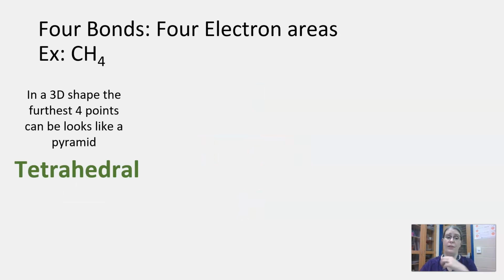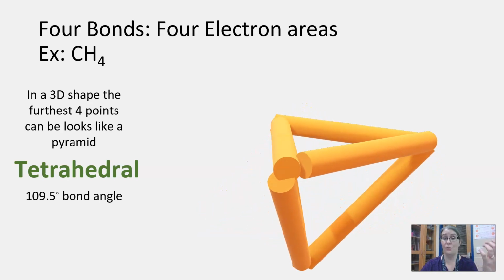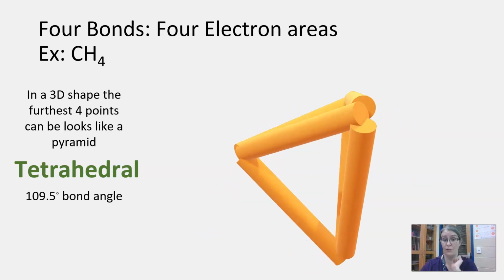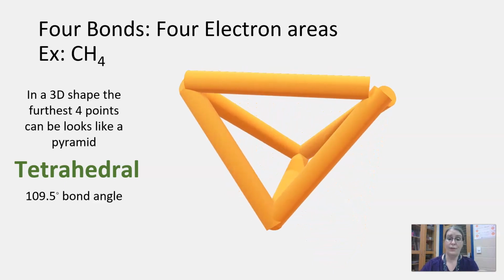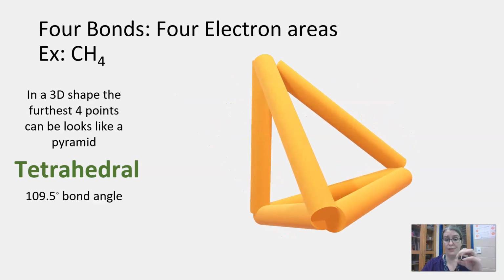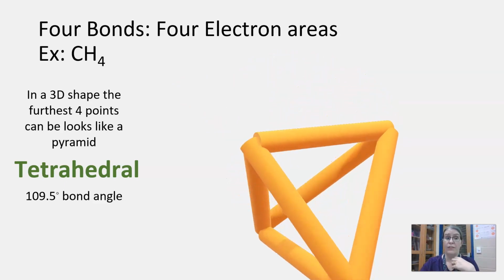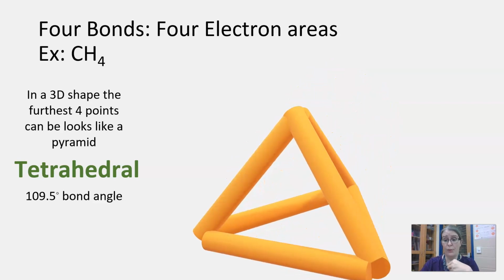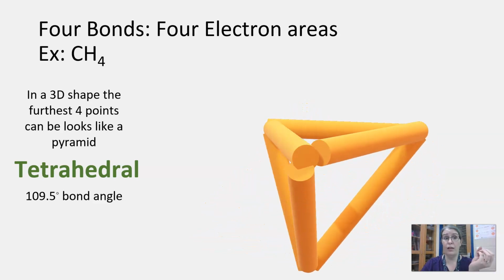So once we get up to 4 and above, we start dealing with a 3-dimensional molecule, a 3-dimensional shape. That shape actually looks like a pyramid shape, a 4-sided shape, which is a tetrahedron. Here's a tetrahedron on screen. And the outside atoms are on these corners of the tetrahedron. The center atom would be in the middle. The fundamental tetrahedral bond angle that you should make sure you know is 109.5.